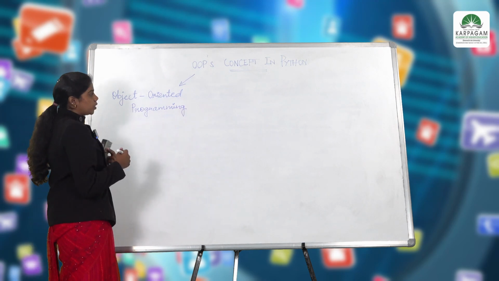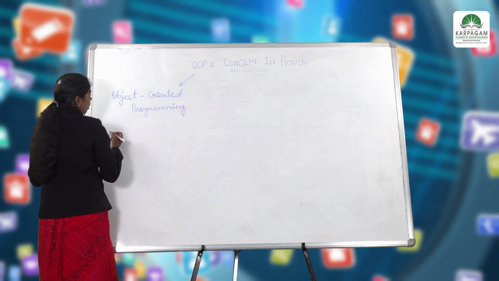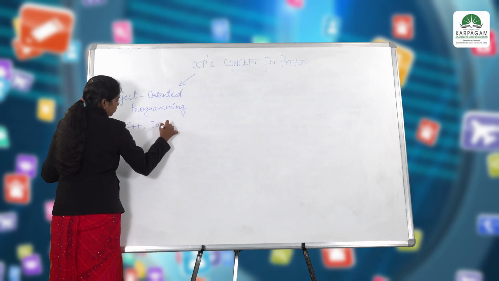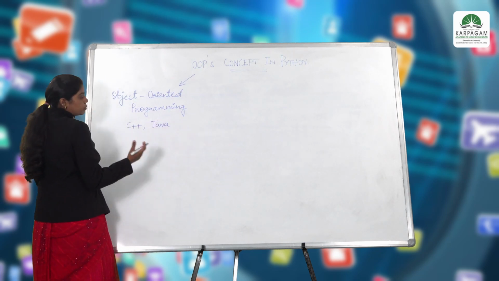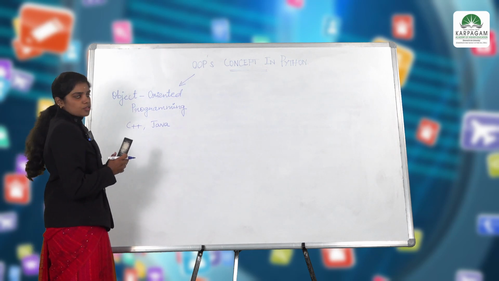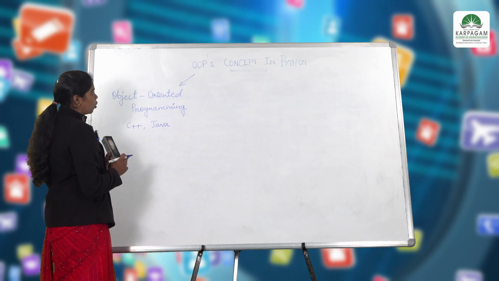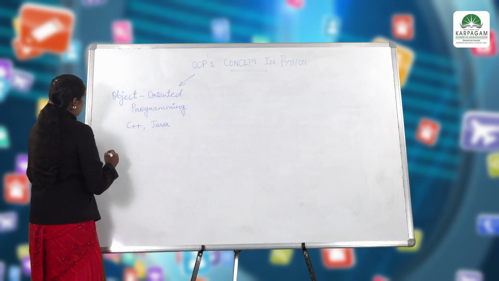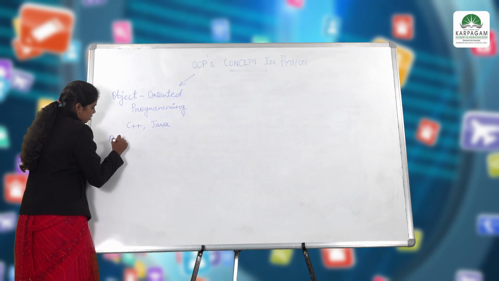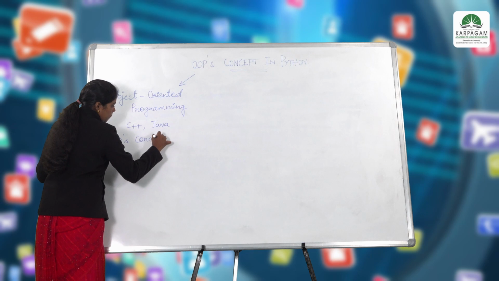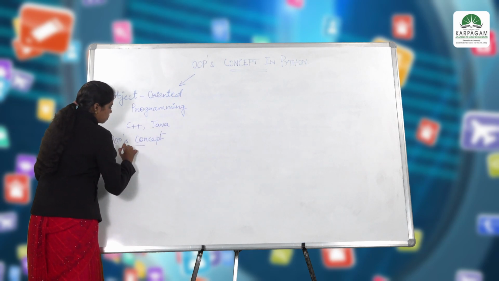There is a chance you have heard this word before in C++ and Java, and other similar programming languages may accept this OOPS concept. Likewise, Python also accepts the OOPS concept. The OOPS concept consists of 6 parts.